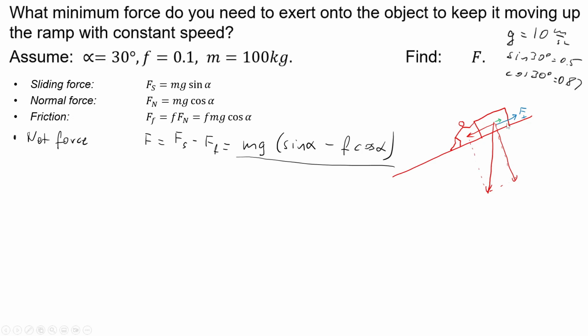So the positioning of this green arrow is wrong, and it should be like this. When you push upwards, the friction will always try to prevent you from pushing upwards, so it will act downwards.